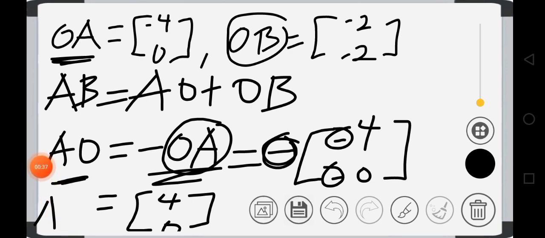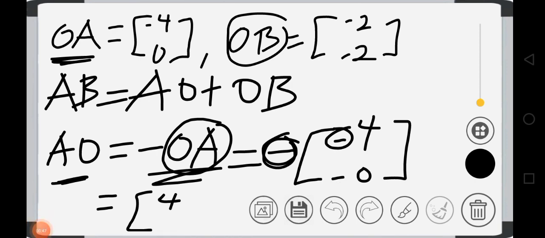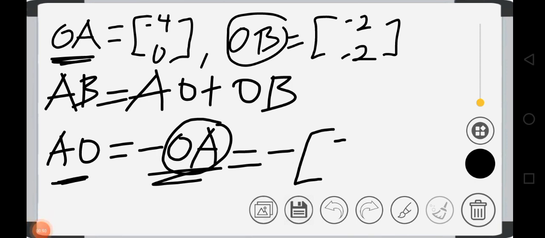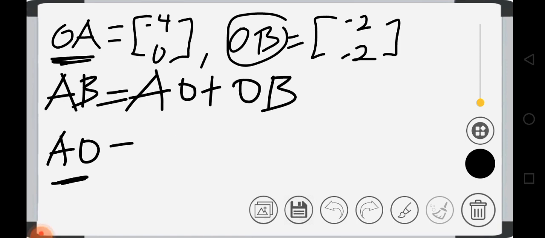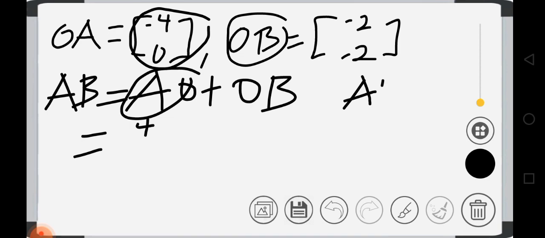Take note of that. We already know AO is the opposite of OA, so we just multiply by a negative sign to get the equivalent. We're going to have minus minus 4, that is 4. So AO, not OA, is equal to 4, 0.